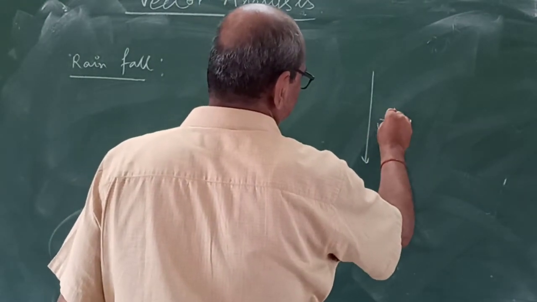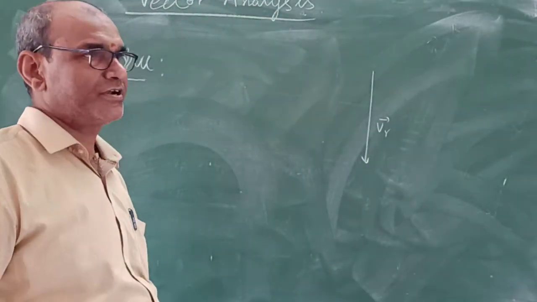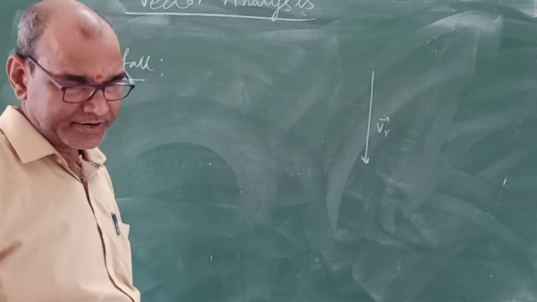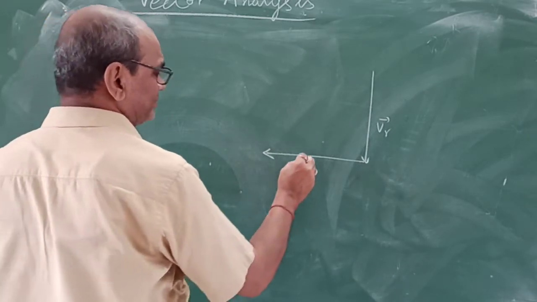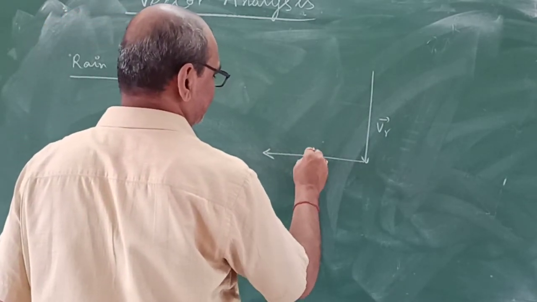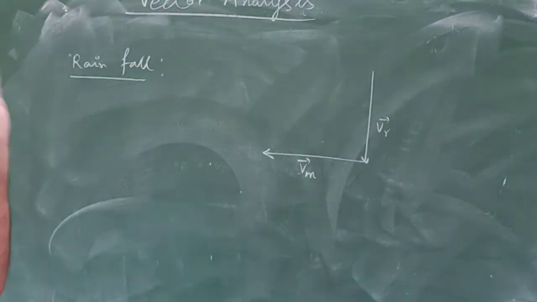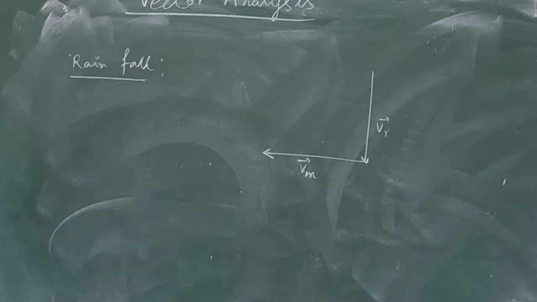Velocity VR, velocity of rain falling vertically downward. A person is moving along the horizontal with velocity Vm. Simple way: we apply the Pythagoras theorem.